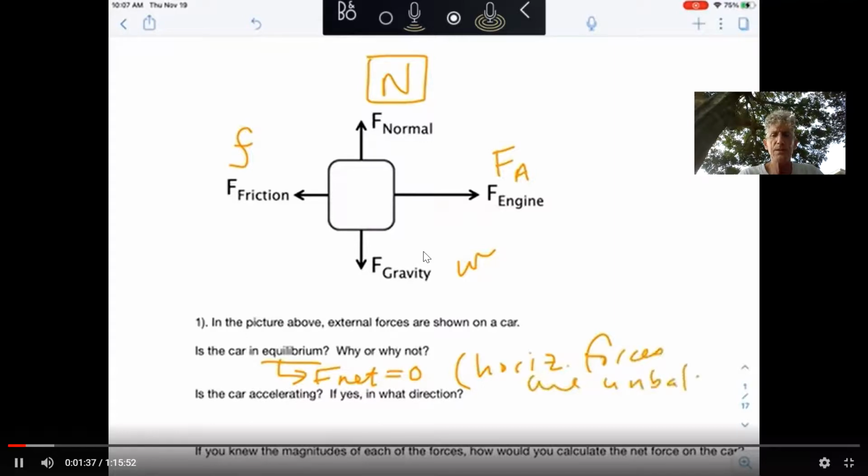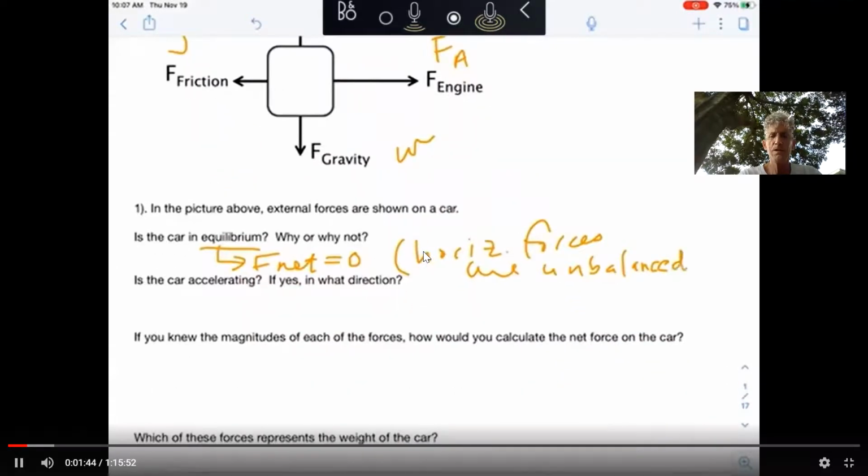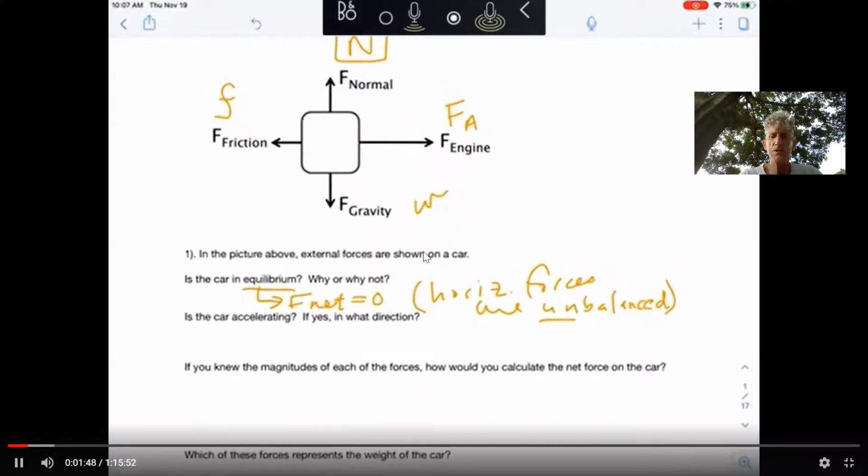What would be the net force? Fa minus friction. Okay. Let's go to the next question. Is the car accelerating? Well, if you have a net force, you have acceleration. That's Newton's second law. And therefore, yes.